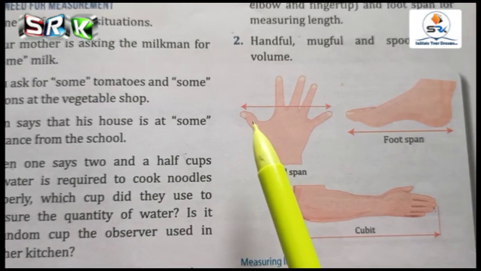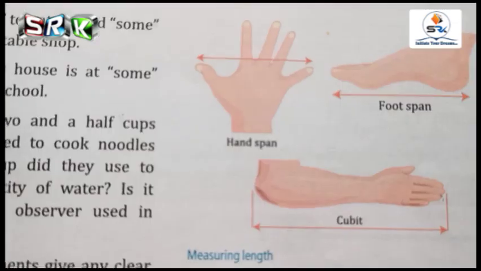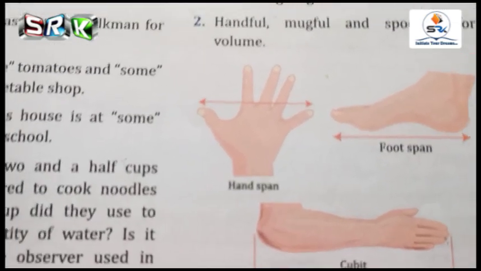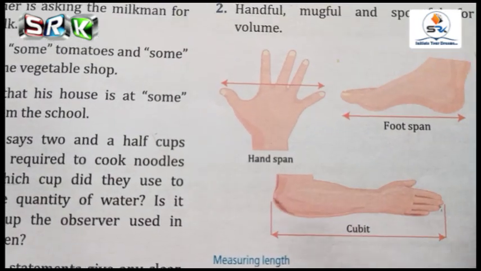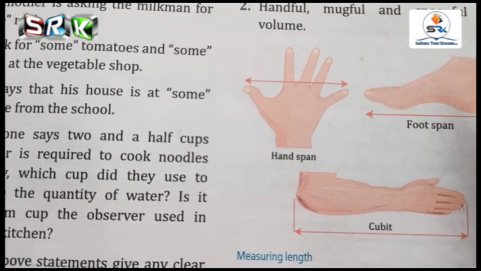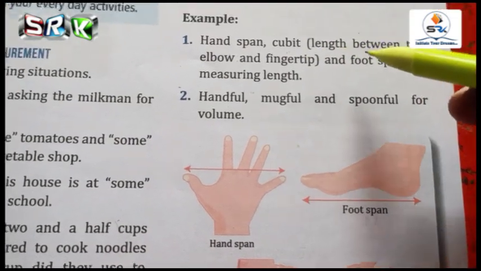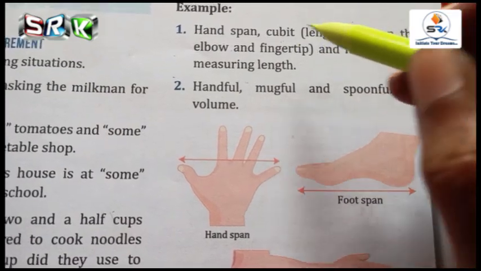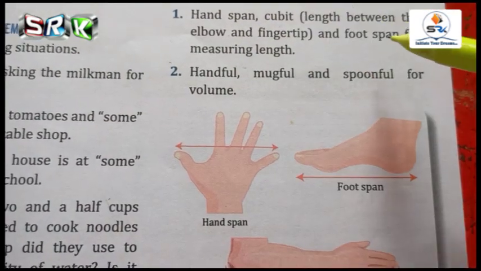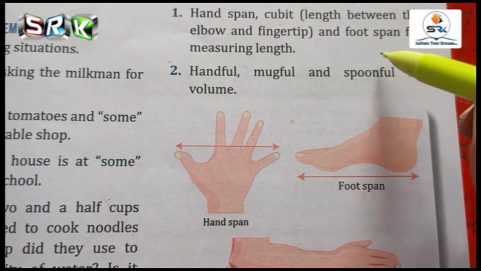Handspan is the distance between the little finger and the thumb. Then foot span. These are all non-standard or traditional units. Handspan, cubit and foot span are all used for measuring length.